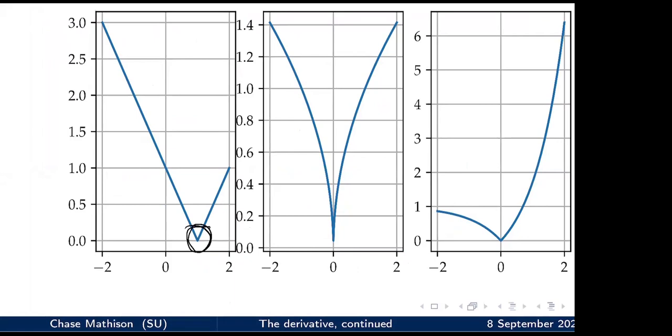Again, it goes back to the left and right hand limits. When you look at the limit defining the derivative, the left and right hand limits won't be equal to each other.